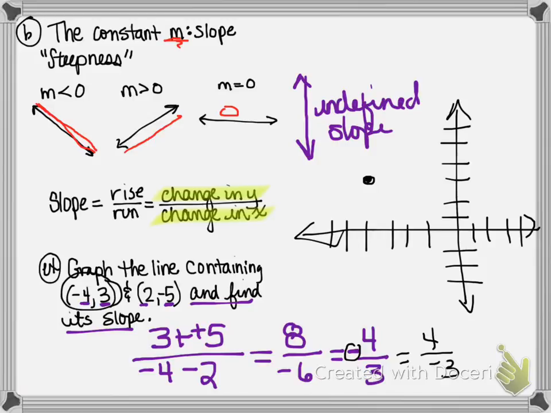I'm going to go up 4, 1, 2, 3, 4. I'm going to go to the left 3, 1, 2, 3. And that's how we graph our line.